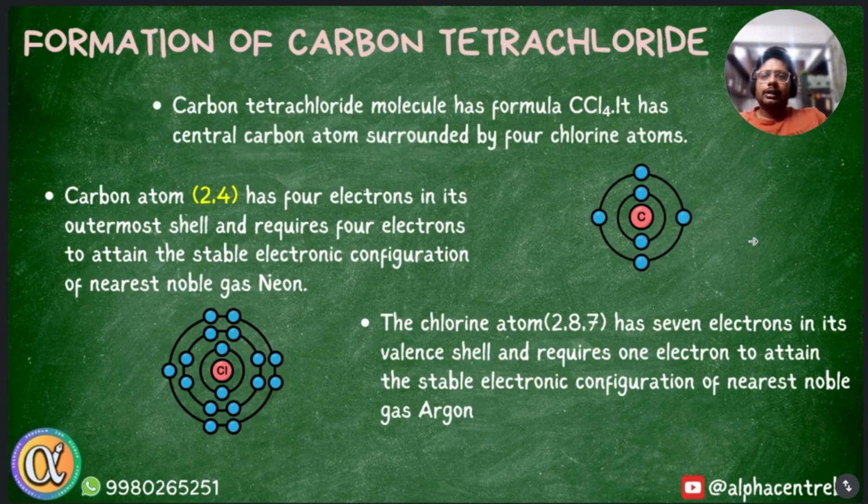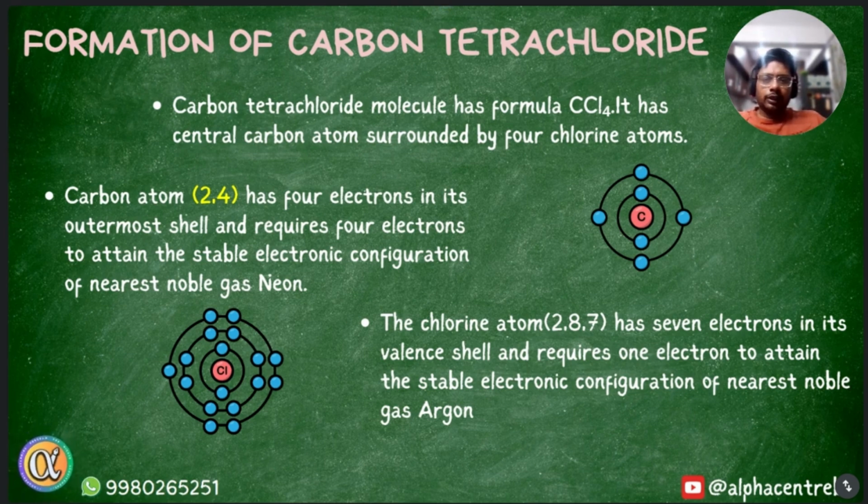All right, let's move to the next molecule, which is carbon tetrachloride. Carbon tetrachloride, like methane, is a compound between carbon and four chlorine. In methane, it was carbon with four hydrogen. So here we have carbon with four chlorine. Again, like hydrogen needed one electron, chlorine also needs one electron.